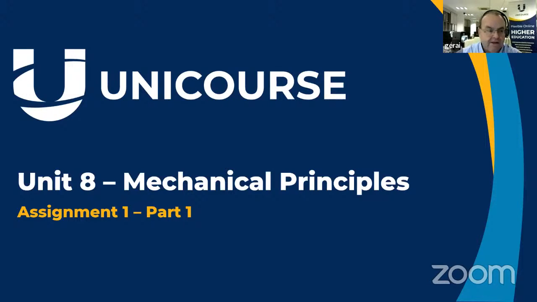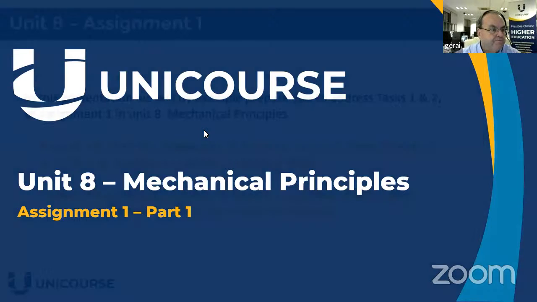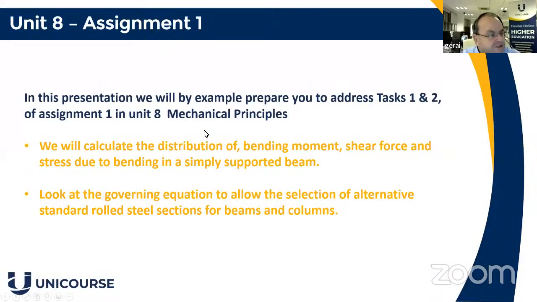What we're going to look at today, first of all, just to tell you briefly what we're going to do. We're going to calculate the distribution of a bending moment and shear force diagrams, and then we'll look at the stress due to bending in a relatively simply supported beam.